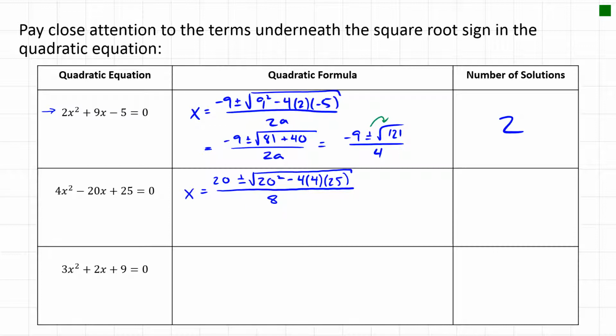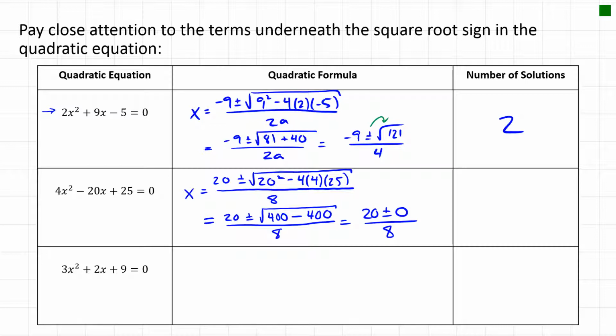Let's go ahead and start simplifying this expression. I have 20 plus or minus the square root of 20 squared, which is 400, minus 16 times 25, which is 400, all of which is over 8. So this actually looks like 20 plus or minus 0 divided by 8.